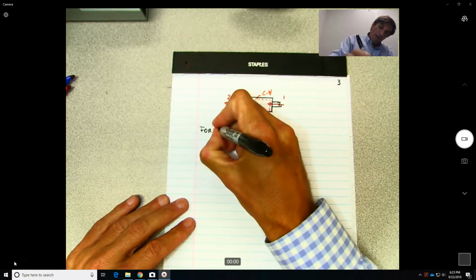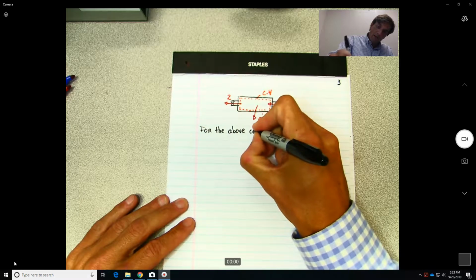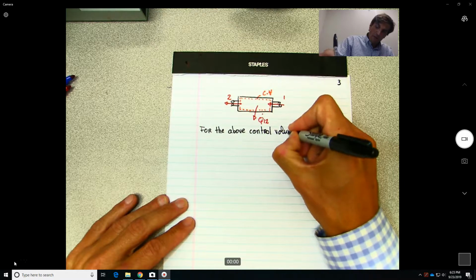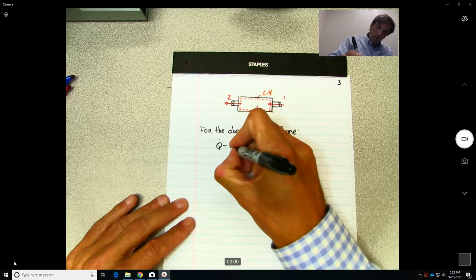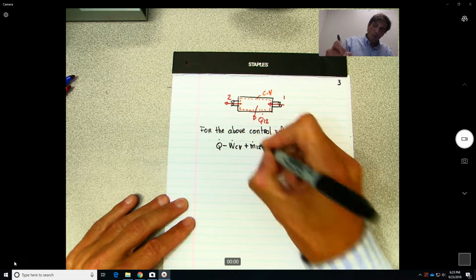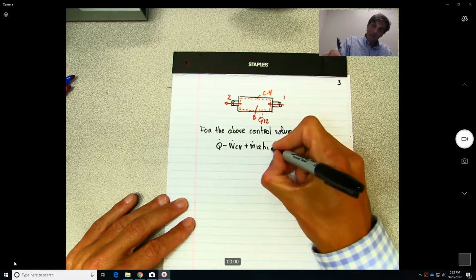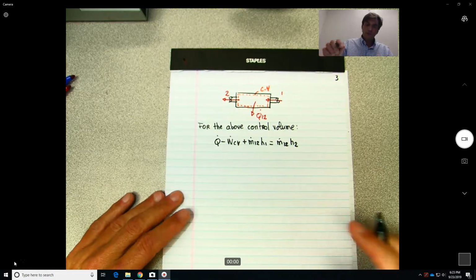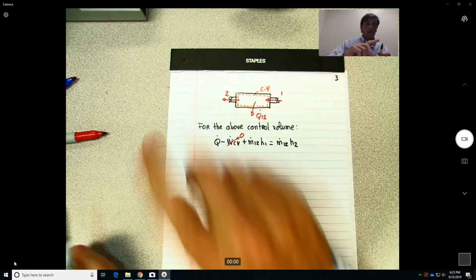Now what is the equation we're going to apply? For the above control volume, what do we have? Q minus power of the control volume plus M12 H1. So this time we only have this one. And what is coming out? M12 H2. On the figure we have no power anywhere.